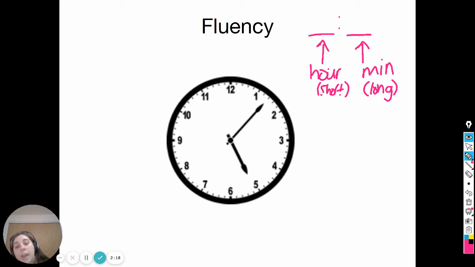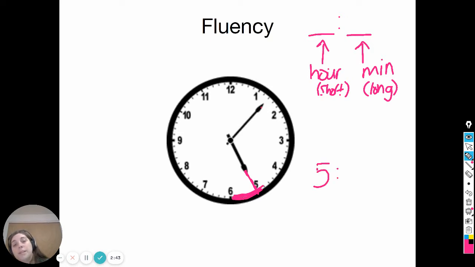Okay, so the time we have, as you can see, the hour hand, which is the shorthand, is pointing right here after the 5. And we know anything between the 5 and the 6 is all going to be 5 o'clock, until it hits that 6. So that means our hour is 5.